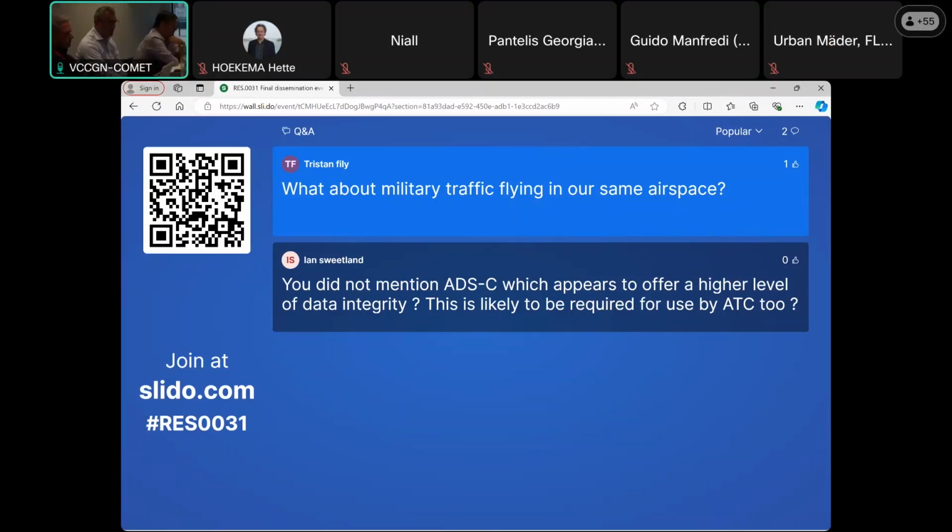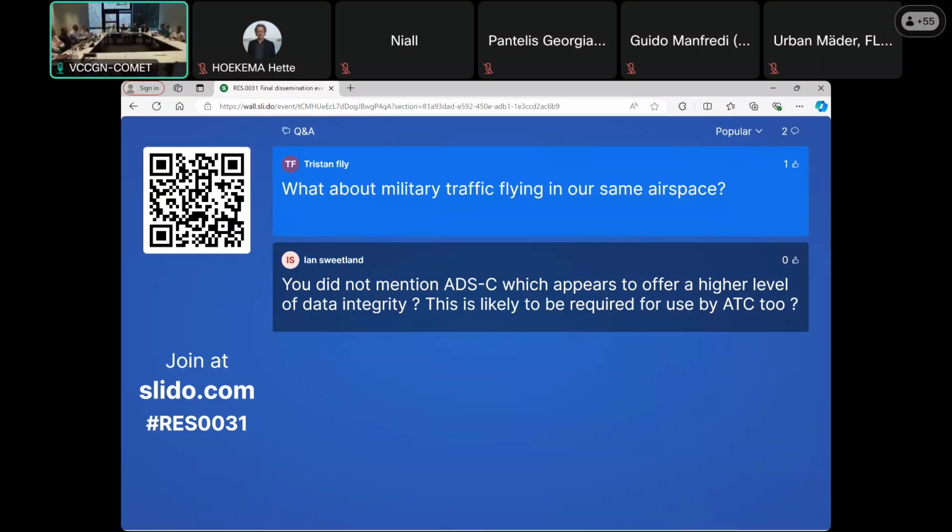They have conducted two studies on the subject on their own, and they have been able to align the views of the 27 member states of the European Defence Agency to provide guidance material for their members on how to deal with the implementation of U-space, so as not to block U-space, because there is a need for state or military aircraft sometimes to be completely non-conspicuous. So there is guidance material about that.